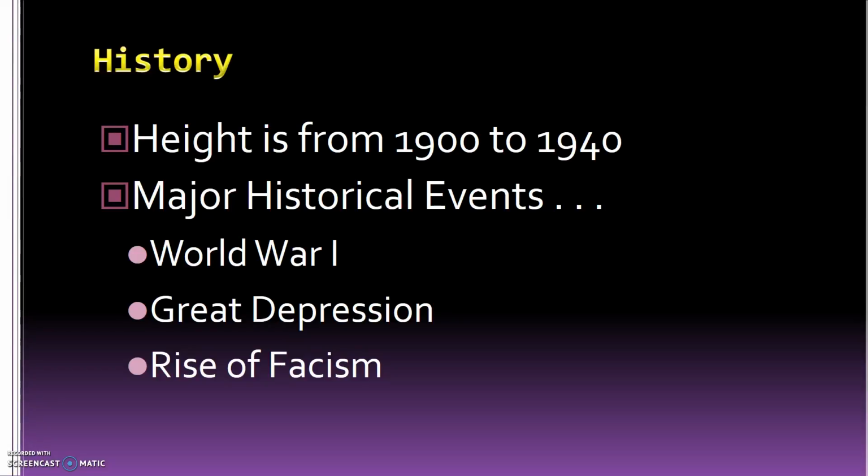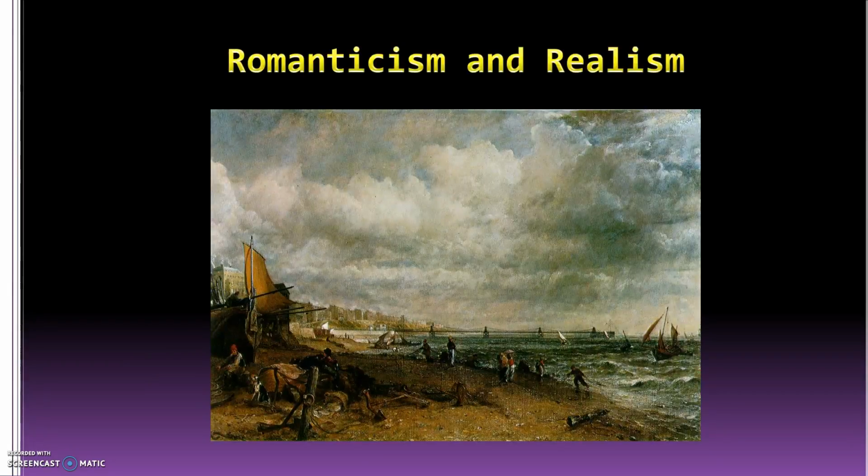Other things you need to understand is that previously, what we were in terms of literature and art was the Romantic and Realist periods. Now, these periods were all about creating an objective view of the world, a bias-free view of the world that everyone could agree on was the actuality of existence.